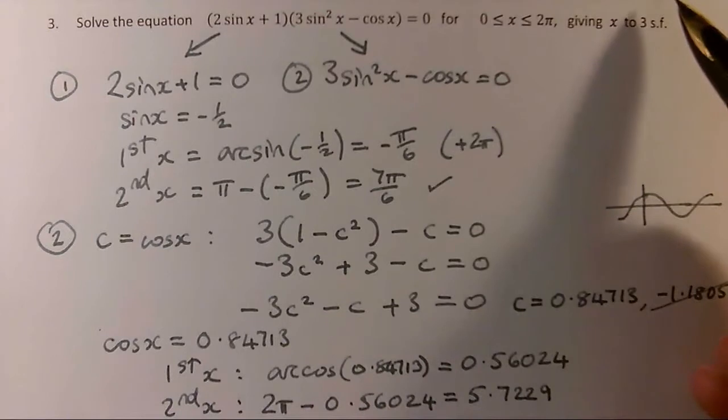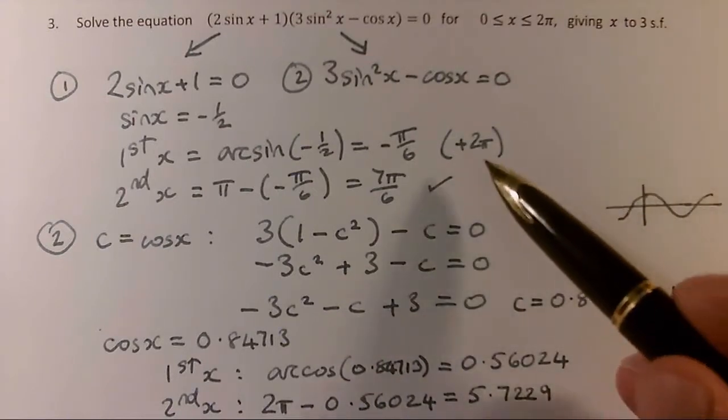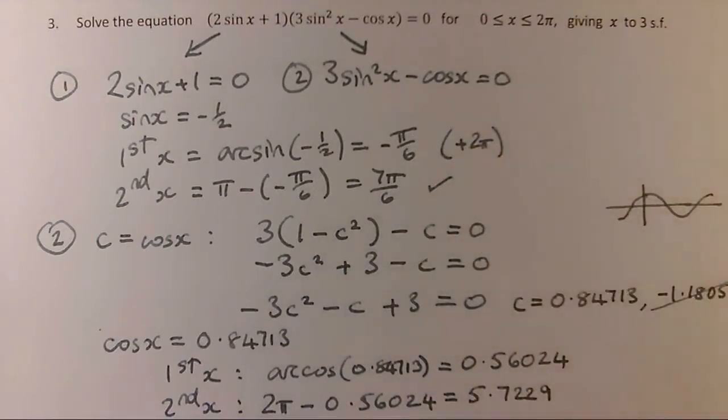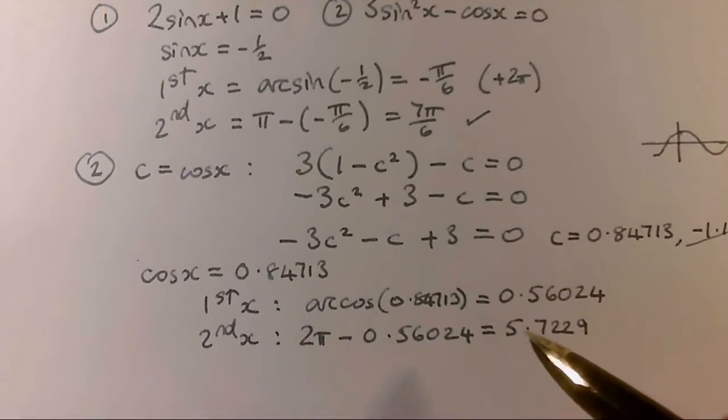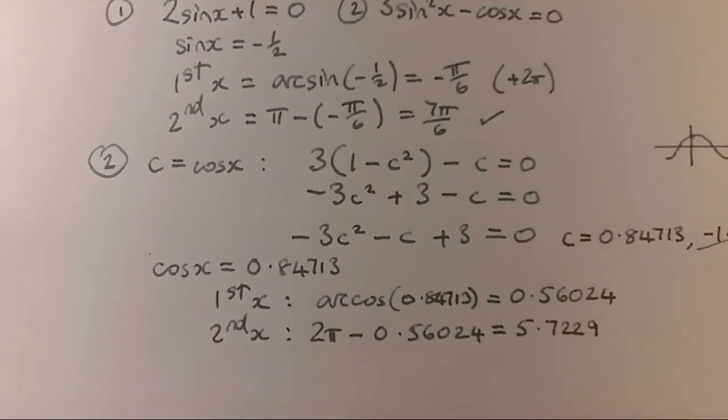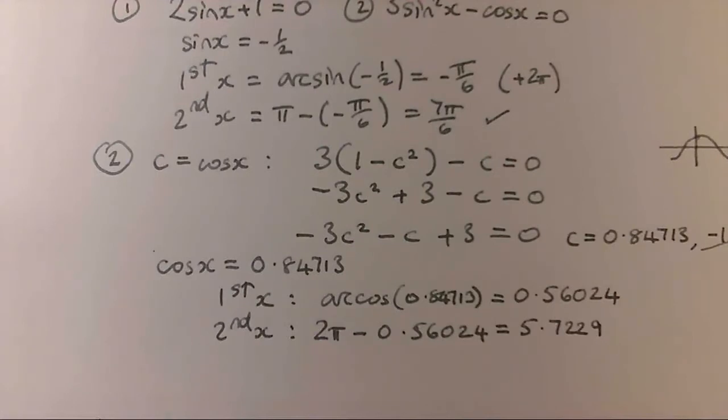Final answers should be to 3 significant figures, and I've also got these 2 previous ones. Now, it says 3 significant figures, but wherever possible give exact values. So I'm going to leave them in terms of pi. If this was an exam, I think I would be tempted to go with the 3 significant figures, but if it says 3 significant figures, that's what you should go with.